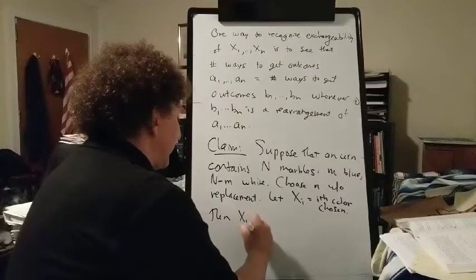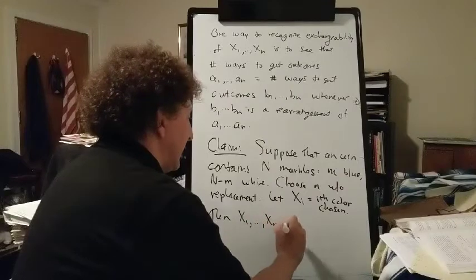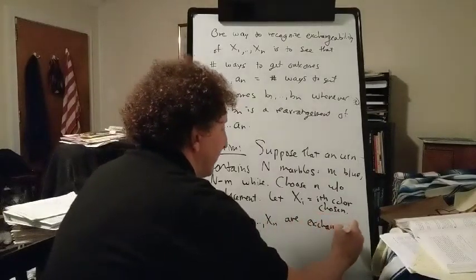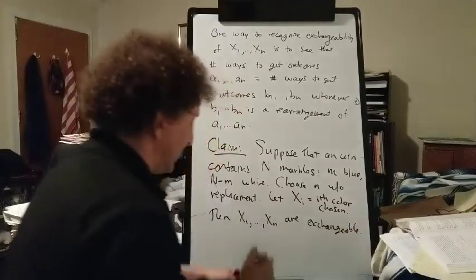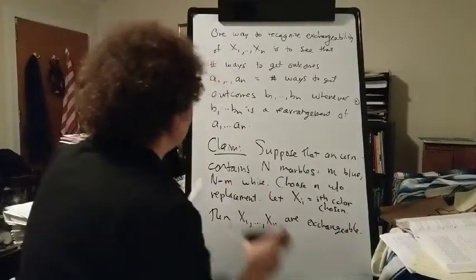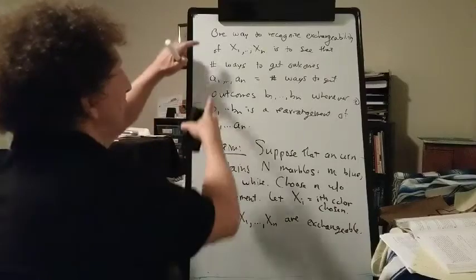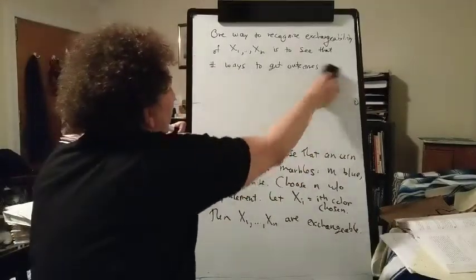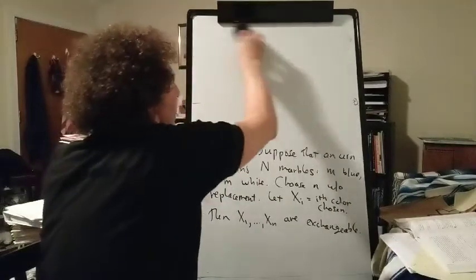Then I claim that X1 through Xn are exchangeable. Alright, so we'll try and prove it using this idea. We'll just count the number of ways to get different outcomes.